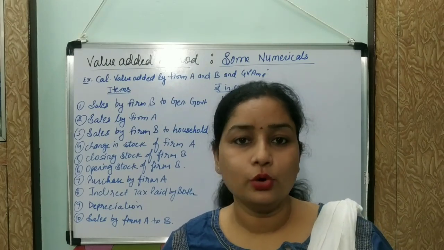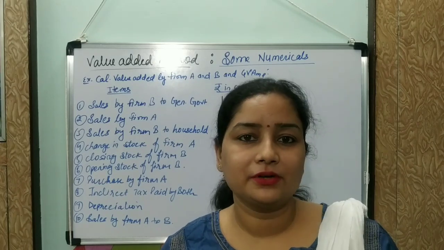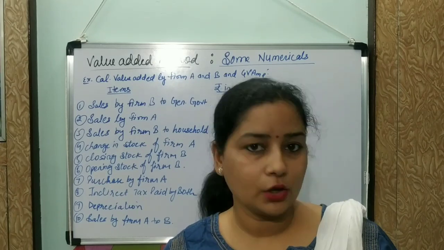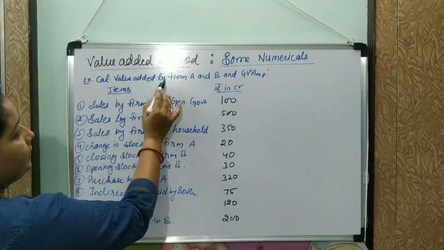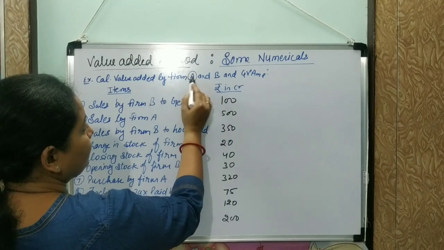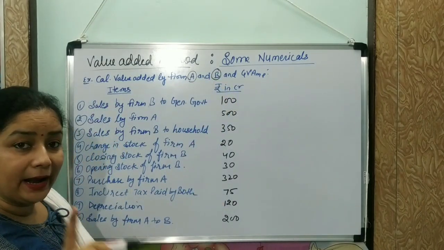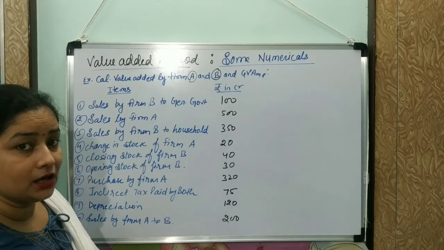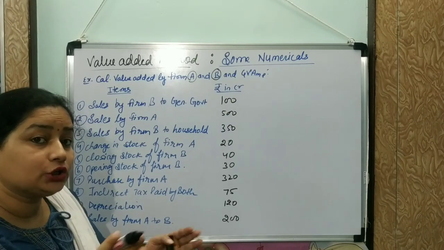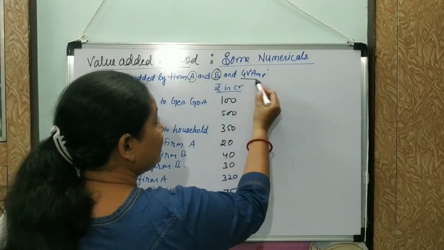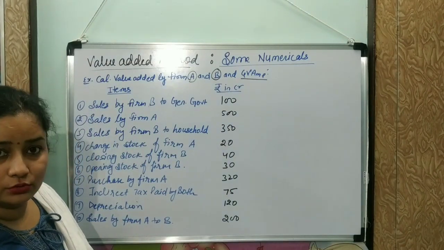You will get to know how to adjust yourself with the help of different types of examples and questions or numericals. Our first question here is: calculate value added by firm A and firm B. It means we are going to calculate GVAMP for firm A and GVAMP for firm B, and the total of both becomes the GVAMP of the country, because here we are assuming that a country has only two firms.